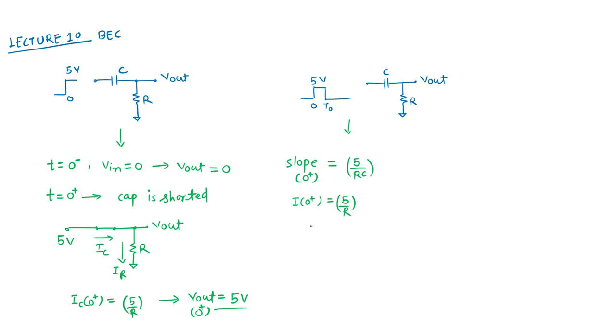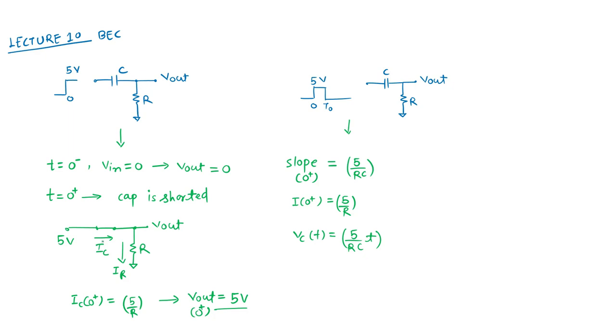If I am considering this current to be constant, then what should be the capacitor voltage? The capacitor voltage should be a function of time. If the current is constant, then it usually comes out as 5 by RC into t. Okay, it comes like that. So what I mean to say is this capacitor voltage is increasing. Initially, the voltage across the capacitor is 0.